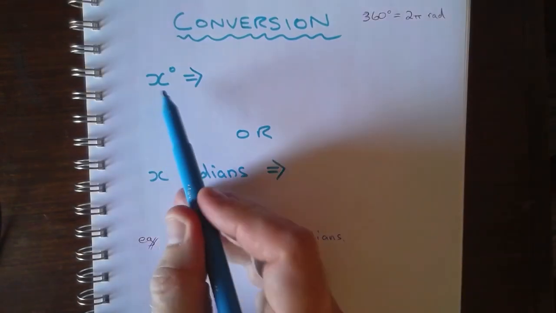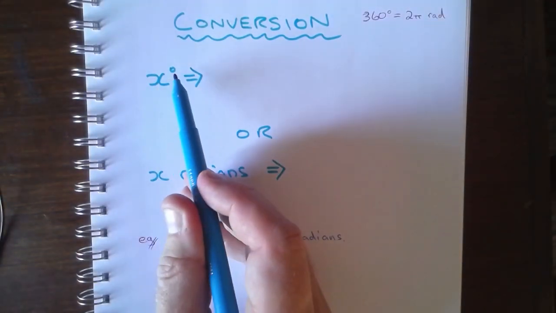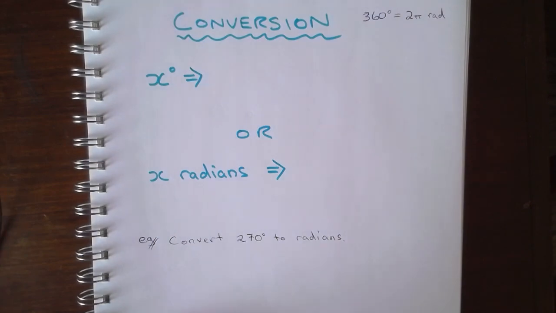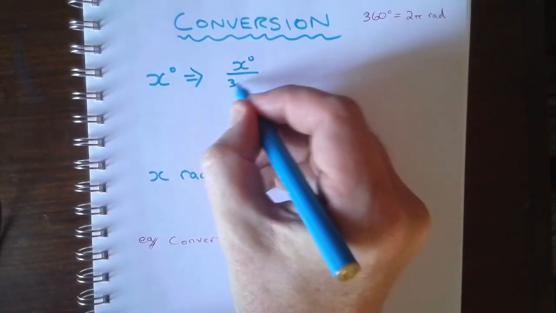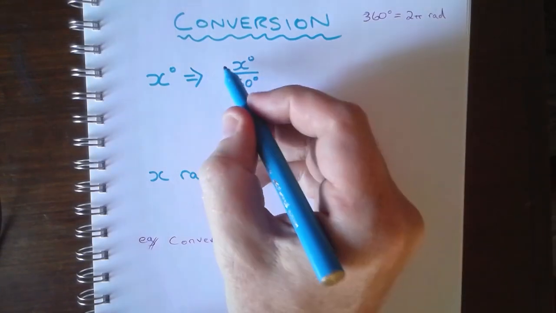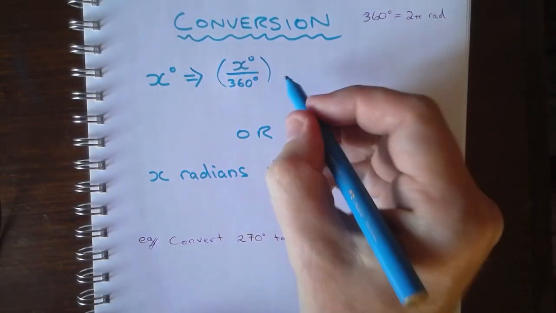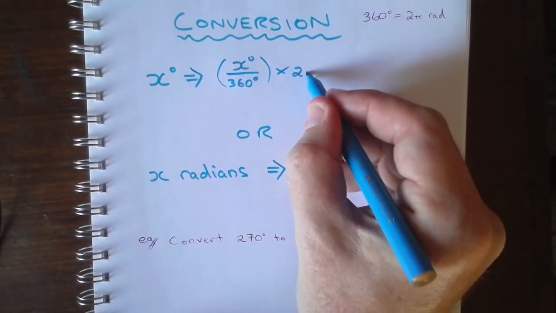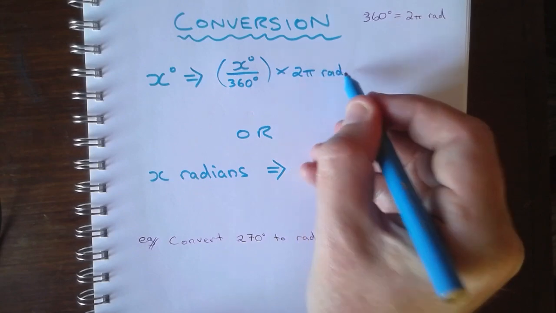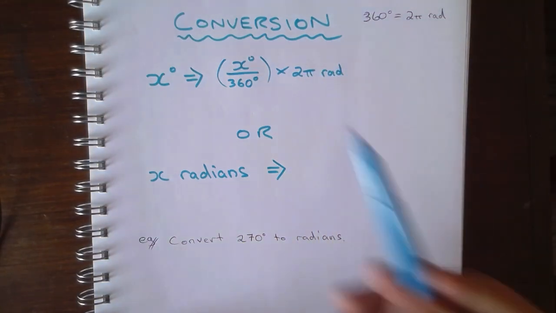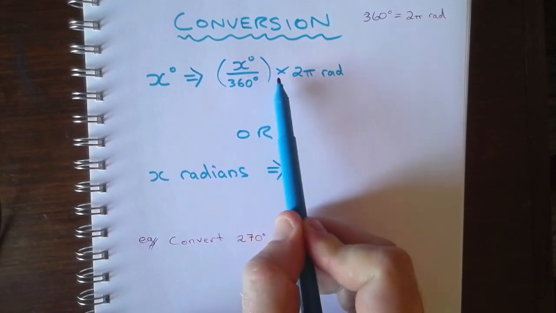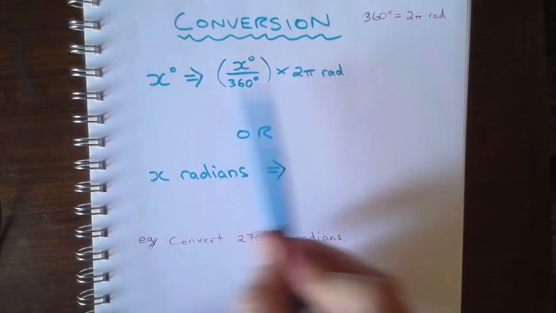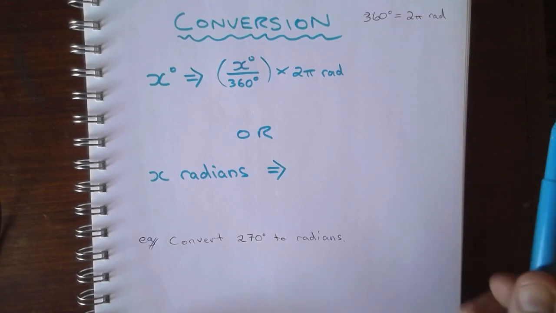If we know something has an angle of x in degrees, we can say that that's equal to x degrees divided by 360 degrees. In other words, how much of a full rotation is it? And then multiply that by how much a full rotation is in terms of radians. So the original angle we've got divided by 360 degrees multiplied by 2 pi radians. Those will be equivalent angles.